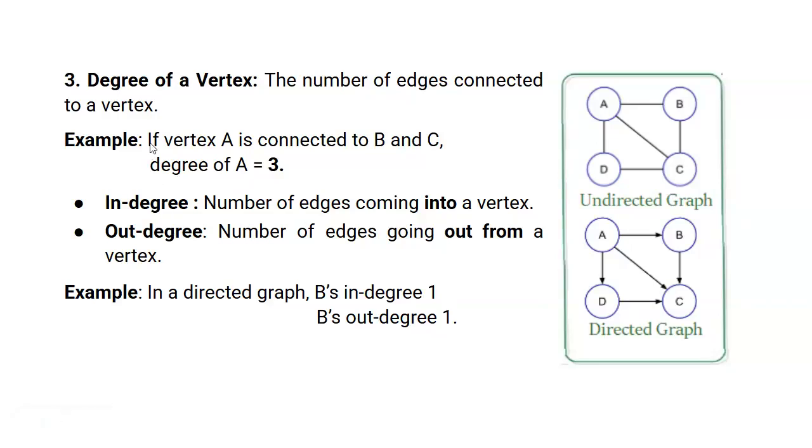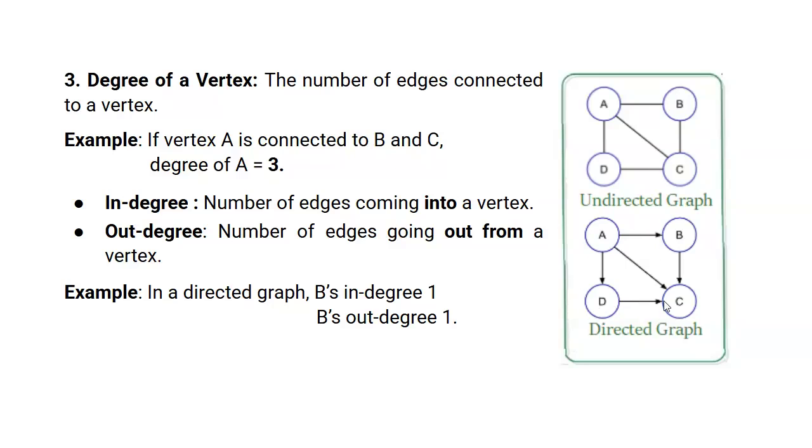And then the degree has two types on the directed graph, in degree and out degree. They are understood by the help of how many directed paths are getting inside to the vertex, that is known as in degree. And similarly, how many directions going out from a vertex is known as out degree.